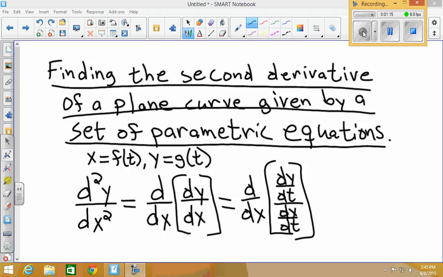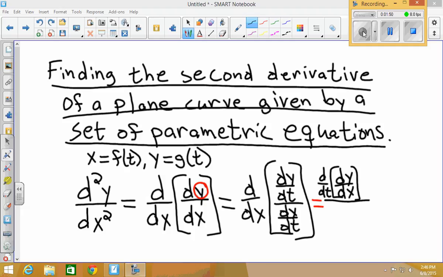In any event, we're finding the derivative of y with respect to x, and then we're doing the derivative with respect to x again. So, essentially what we do here for a set of parametric equations is we find the derivative of y with respect to x, and we take the derivative of that with respect to t.